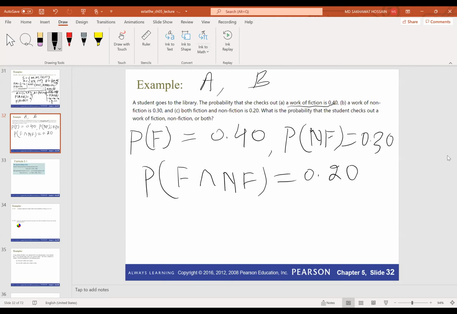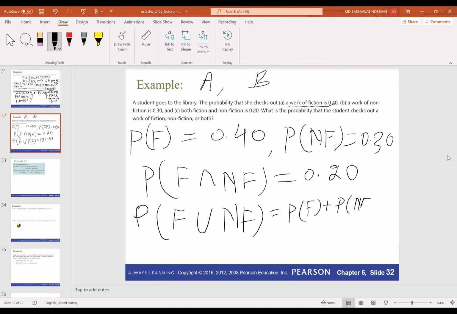Now we have to find the probability of fiction, non-fiction, or both. That means we have to find the probability of F or NF. From the probability rule, we know the rule for this one, right? What is the rule? This is the probability of F plus the probability of the second one, non-fiction, minus the probability of the intersection of these two, right?